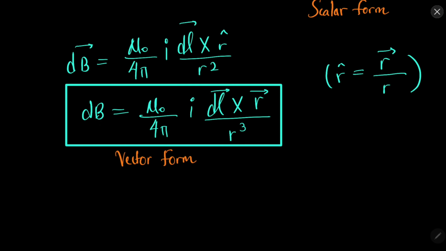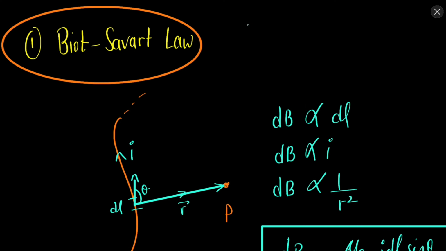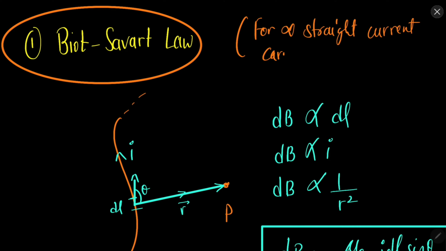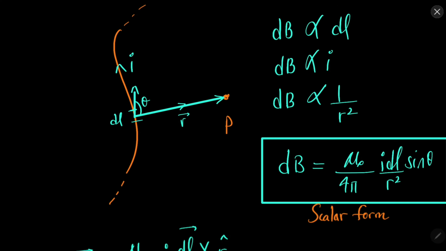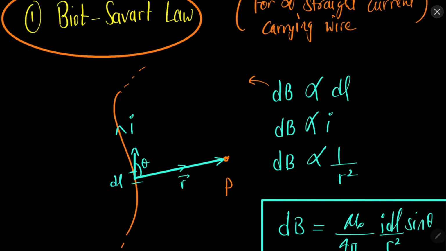So this is quite simple. This is called the Biot-Savart law. It tells us that if you have a straight wire, remember it has to be infinite. For an infinite straight current carrying wire, the magnetic field at any point P is given by this formula.